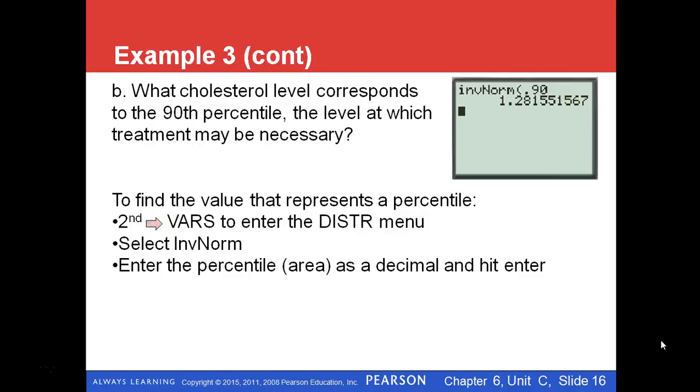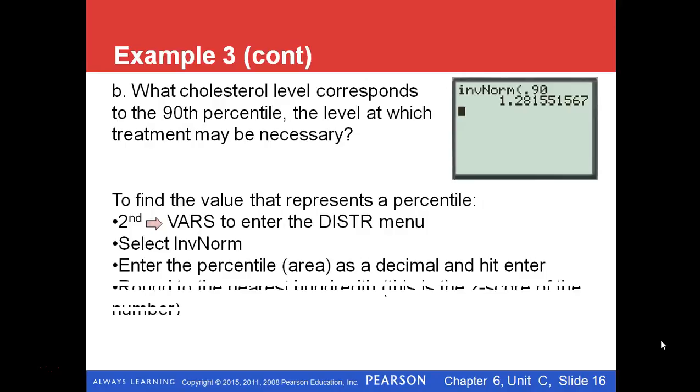But again, nobody says, hey, I have a cholesterol level with a z-score of 1.28, or I got a z-score on the test of 2.5, right? You would say what the value actually is. So we're going to have to go one more step to find out what that value is.